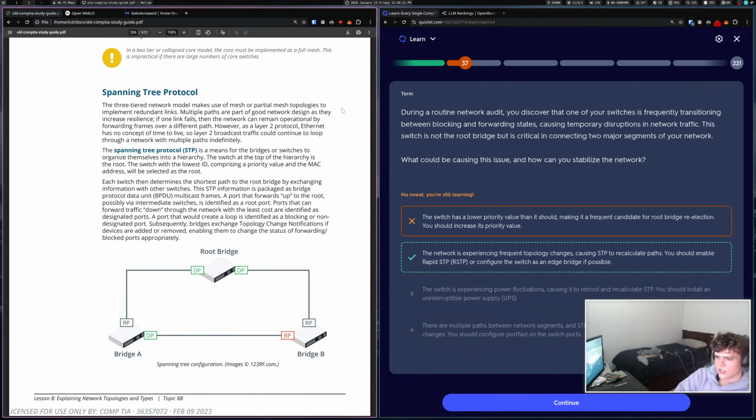This STP information is packaged as bridge protocol data unit, BPDU, multicast frames. A port that forwards up to the root, possibly via intermediate switches, is identified as the root port. Ports that can forward traffic down through the network with the least cost are identified as designated ports. A port that would create a loop is identified as a blocking or non-designated port. Subsequently, bridges exchange topology change notifications if bridges are added or removed, enabling them to change the status of forwarding or blocked ports appropriately.